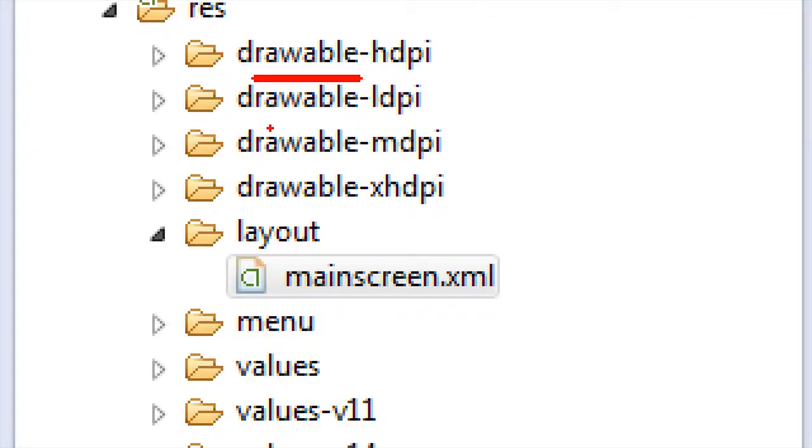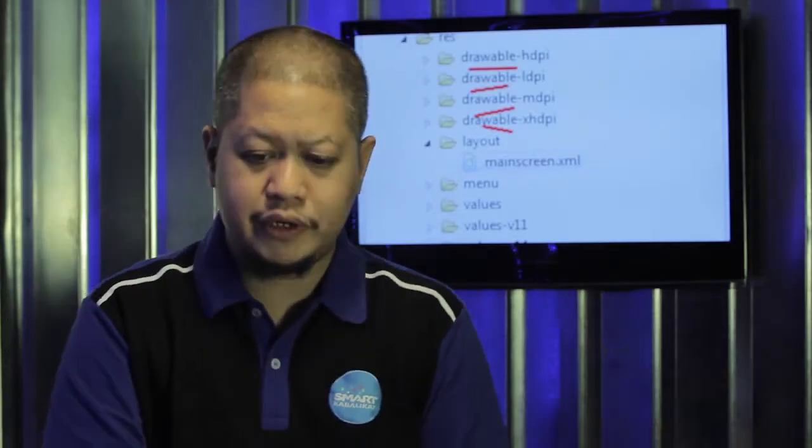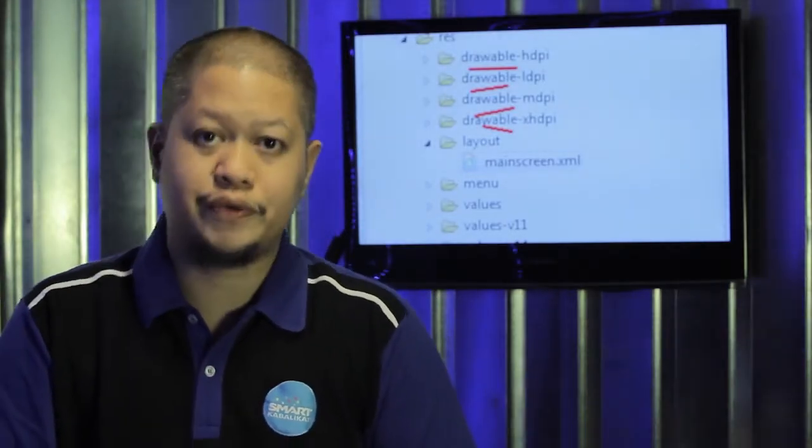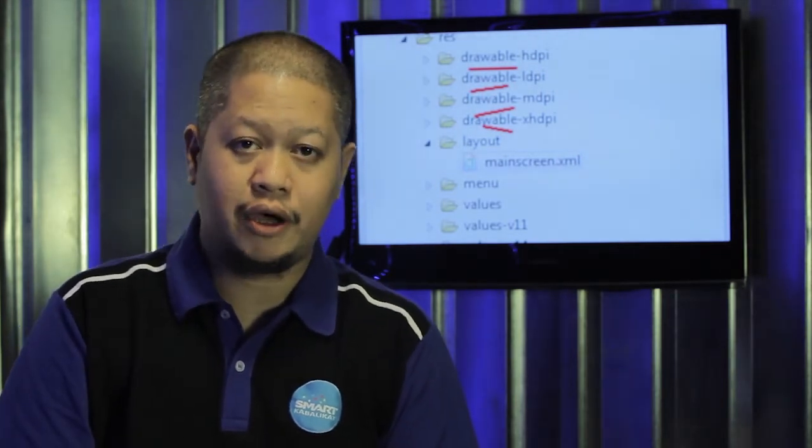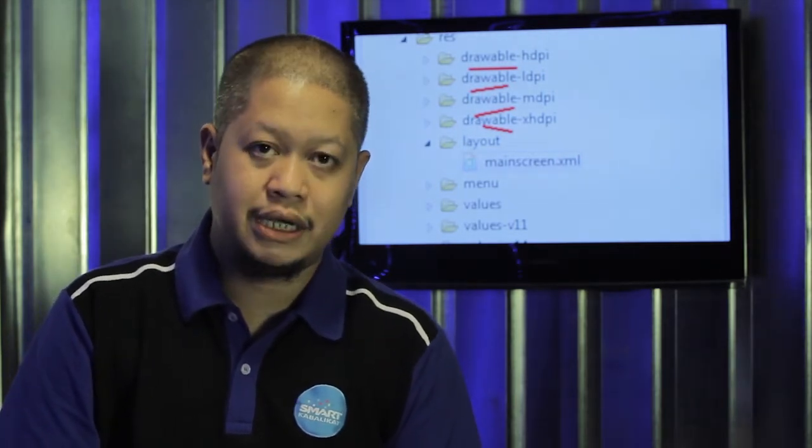Resources is simple enough. When you see it and open it, you see a couple of drawable folders. This is where you put your graphics in. Later on, we'll have a lesson which will show you the importance of why there are 4 drawable folders there. For those who can't wait, basically those folders represent the different general screen resolutions of an Android application.